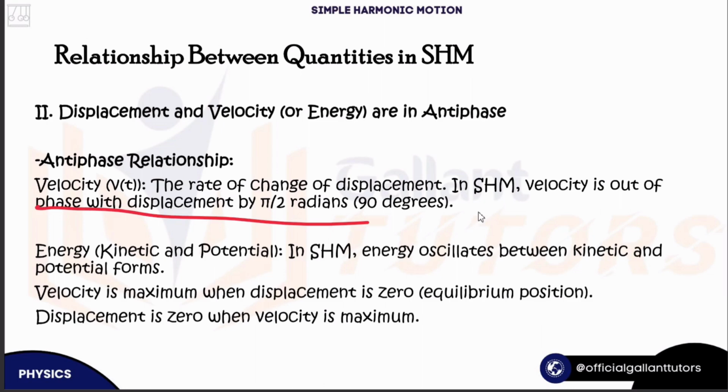A typical MCQ. Now velocity is out of phase with displacement by how many degrees? 90 degrees. In some cases, they might not just tell you 90 degrees in a course to confuse you or to test your understanding.